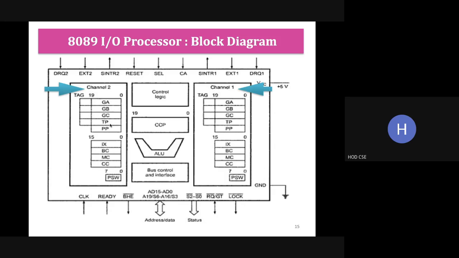And the next one, TP, is the task pointer. The task pointer is nothing but the same as the program counter register. What is the use of the program counter register?